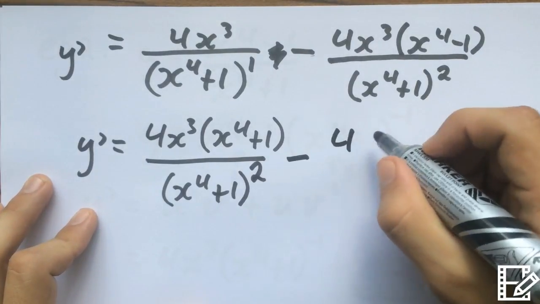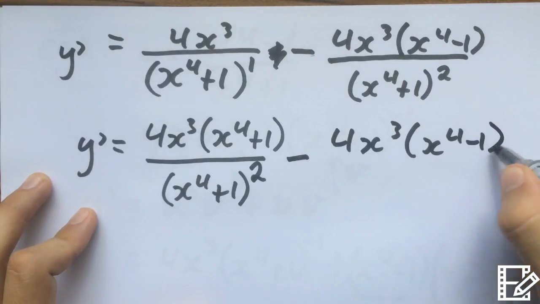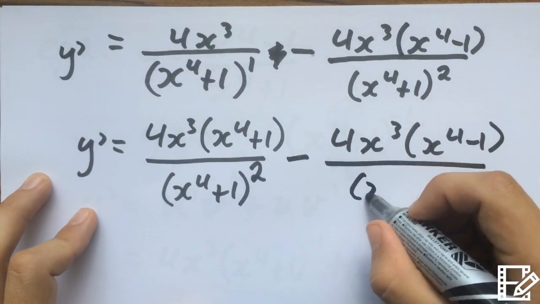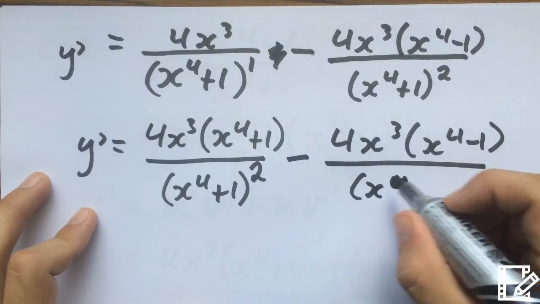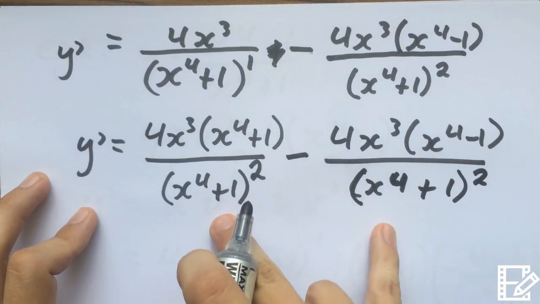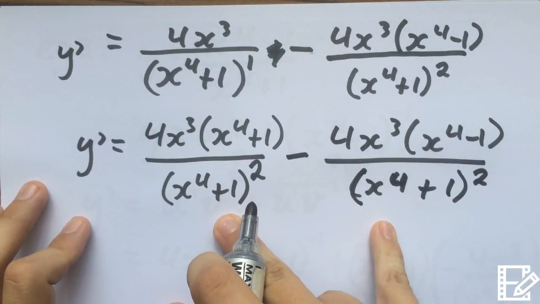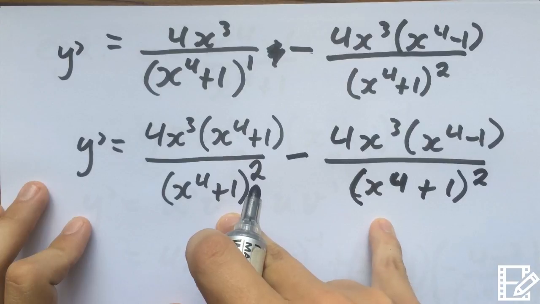Minus, we'll write this top bit, and the bottom. Now here's the funny bit. Now they look the exact same, because they are the exact same. And because they're the exact same, we can bring these two fractions together.